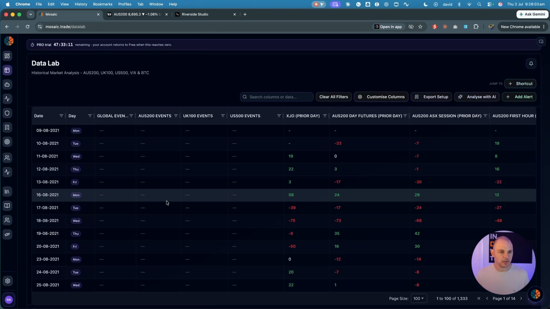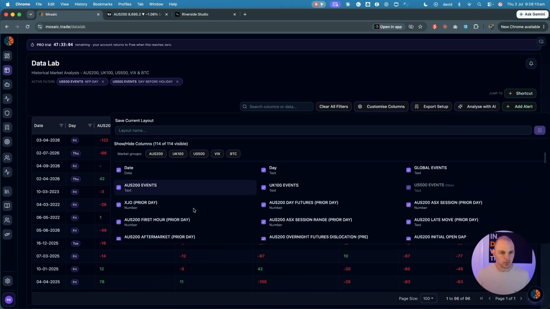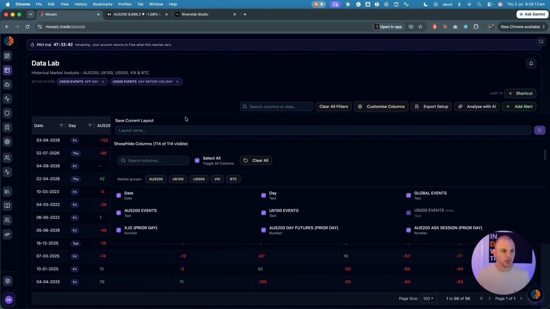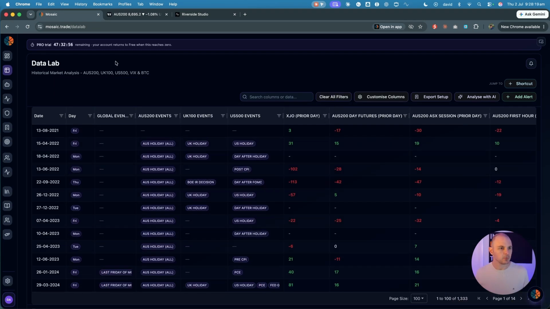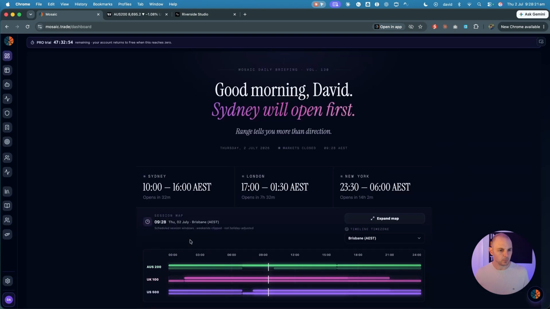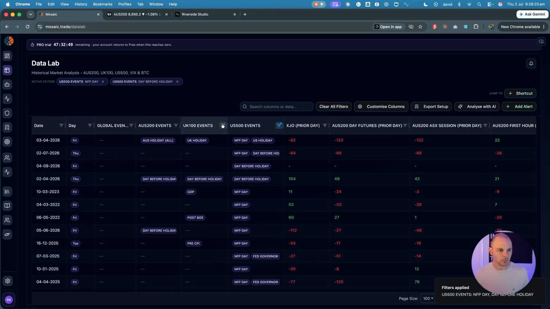Events, as I said, always keeping one eye on the events. So this is just looking at NFP day and day before holiday, which are the two events that have popped up today.